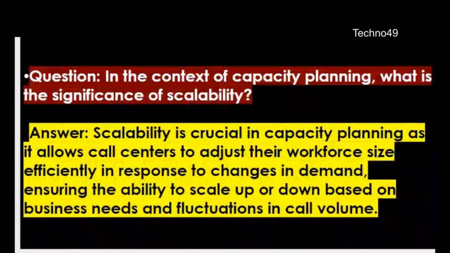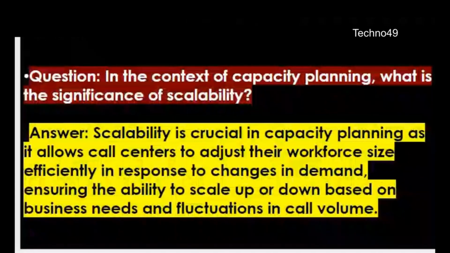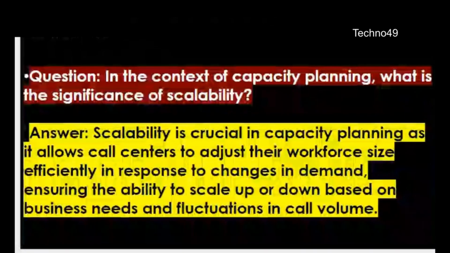That can happen with the help of a very good capacity planning model to adjust the workforce size, deciding how many resources we need depending on historical data, and on that basis scheduling the resources in response to changes in demand. We should have the opportunity to scale up or down based on business needs, current scenarios, the future forecast, and fluctuations in call volume. Scalability plays a very significant role in capacity planning.